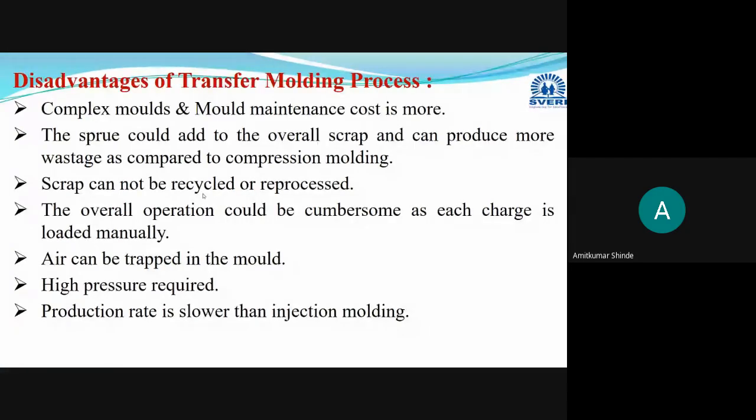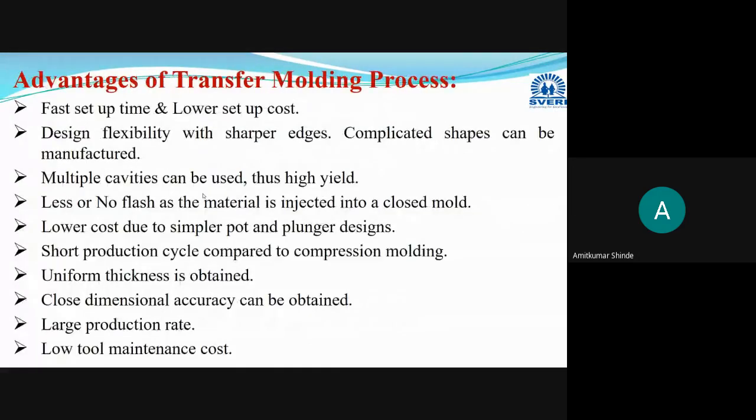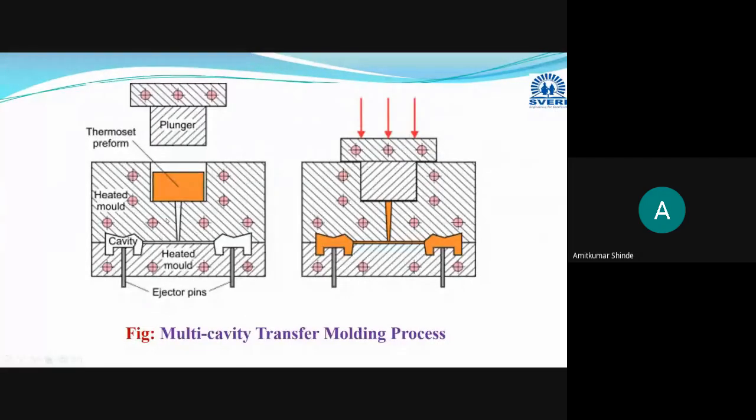Then, as we have provided this sprue arrangement, through the sprue, runners and gates we are transferring the raw material, the thermosetting plastic material, to the cavity. Here wastage of material will be more. Some wastage of material will occur due to the sprue, runners and gates arrangement.